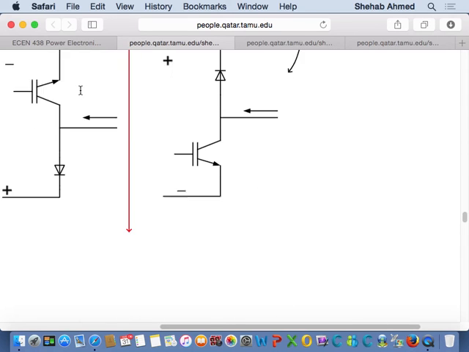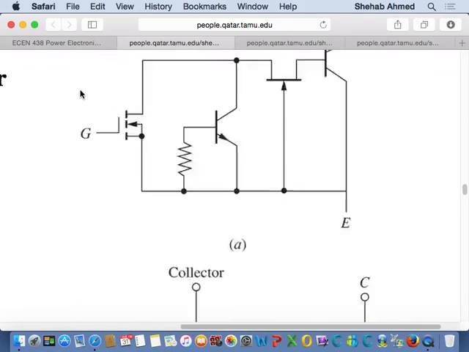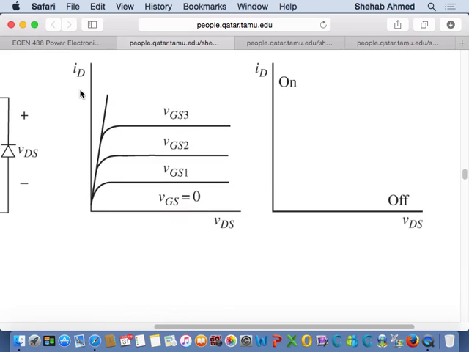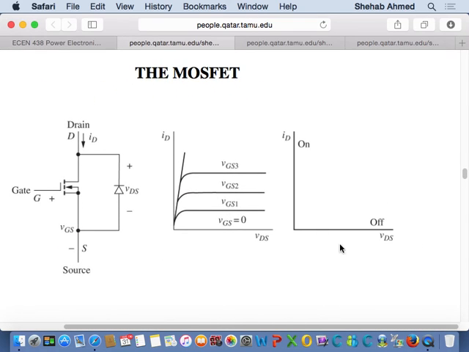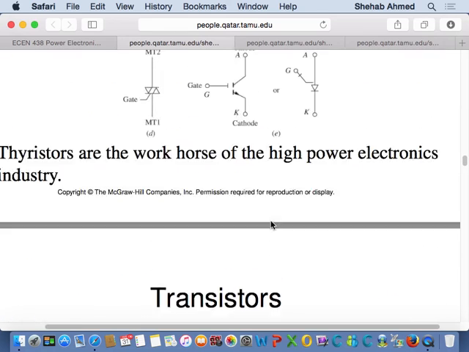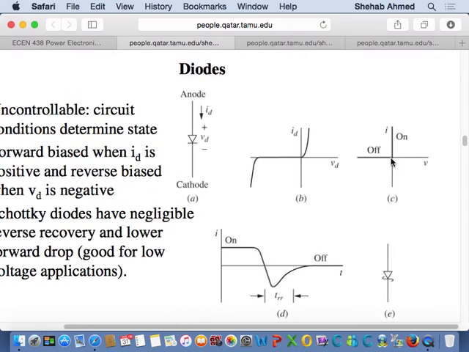So it's blocking positive voltage and conducting forward current. What is the device that we studied that can do that? Can a diode do this job? The diode switching characteristics look like this. It blocks reverse voltage and conducts forward current, right?